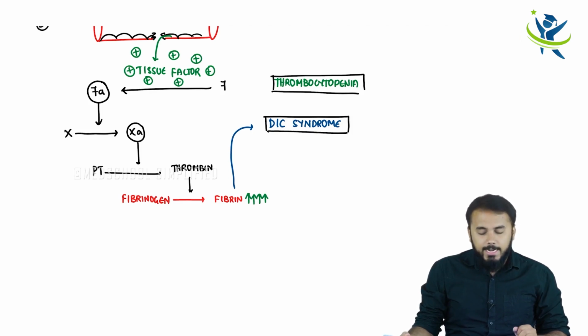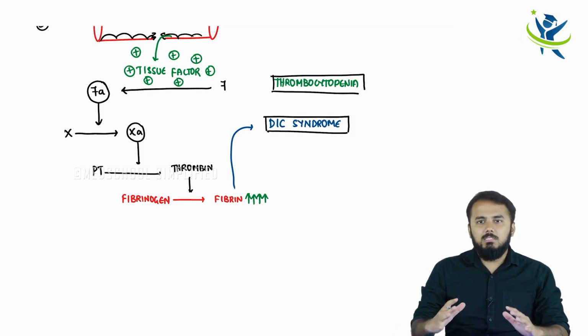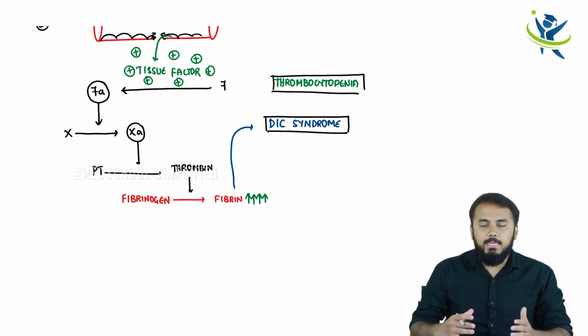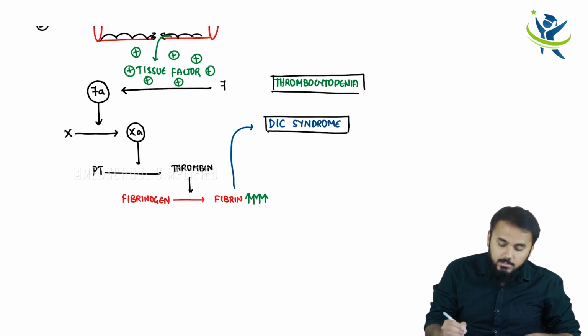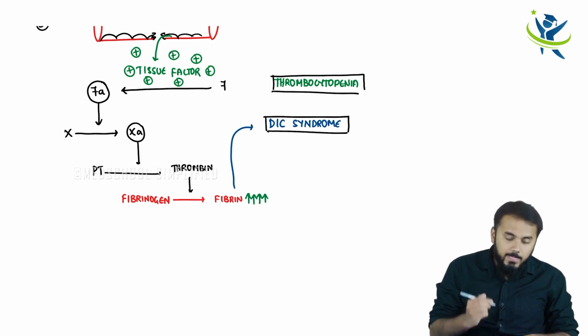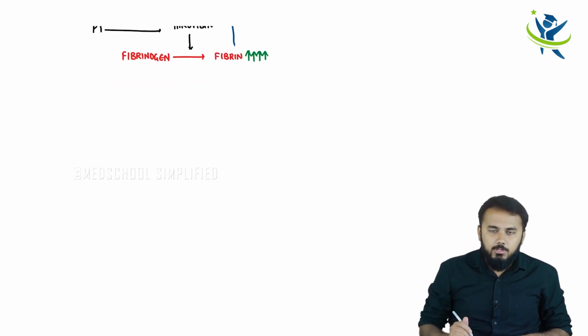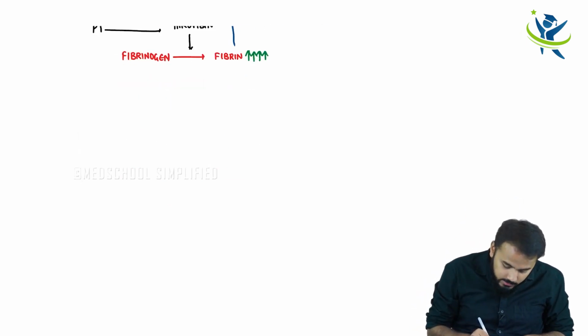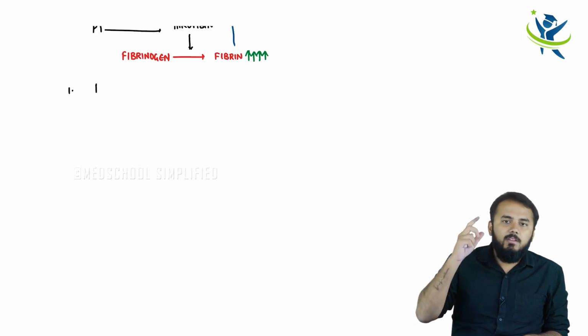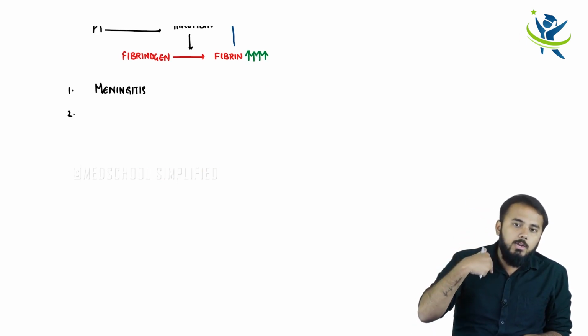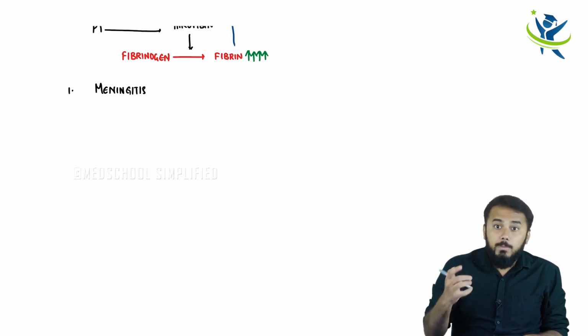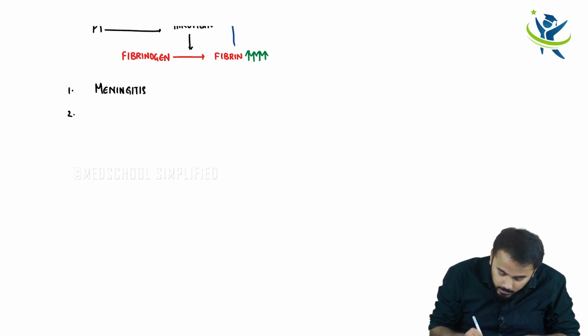So let me write down what all the things this bacteria basically causes to you. The first thing we discussed was that the bacteria directly enters the brain and causes meningitis. Second, the bacteria from the nasopharynx and oropharynx entered your blood vessels and caused meningococcemia.